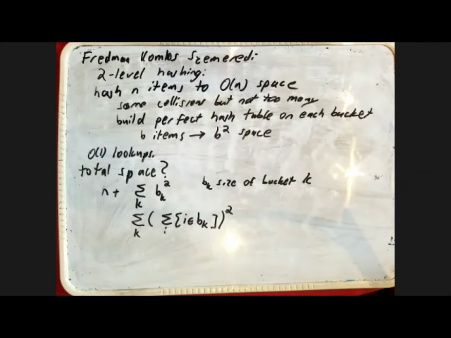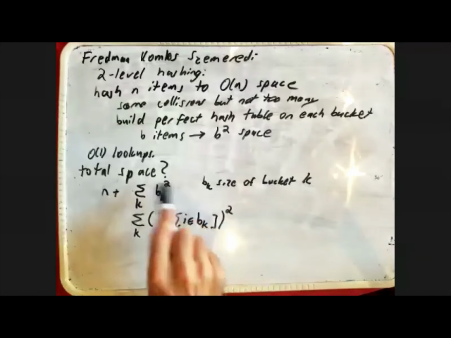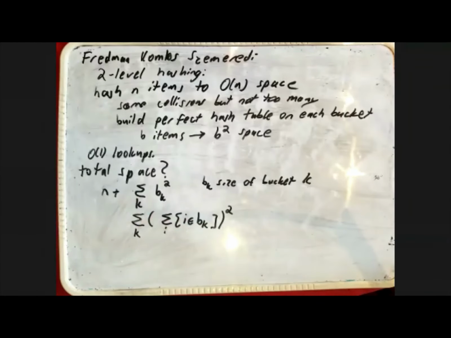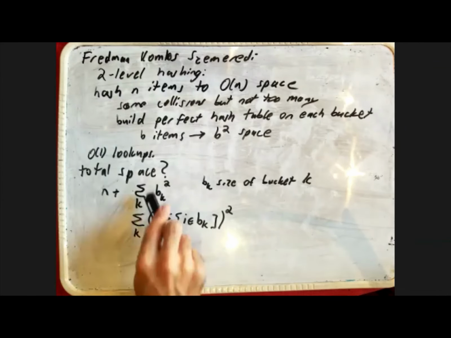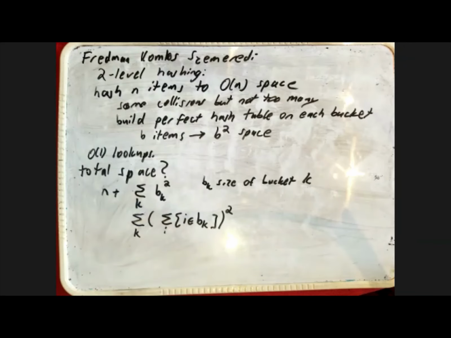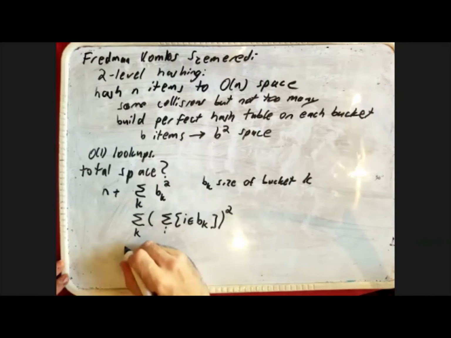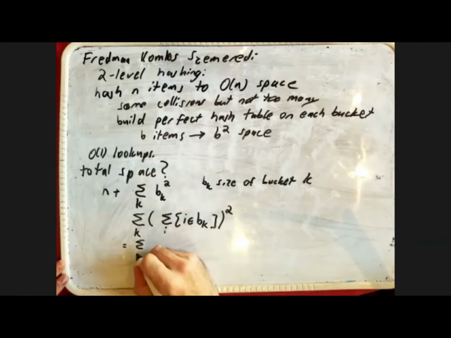I'm overloading here, using b_k for the count and for the bucket. I'm sure you can disambiguate. So does everybody buy this step? Now I've got a sum squared, so I can expand that out as a sum of squares, right?